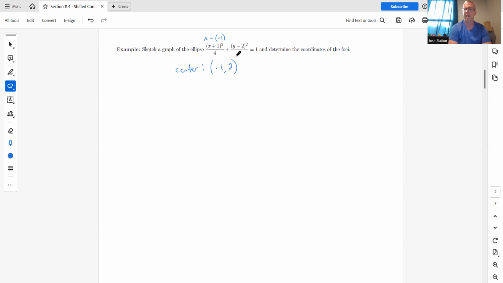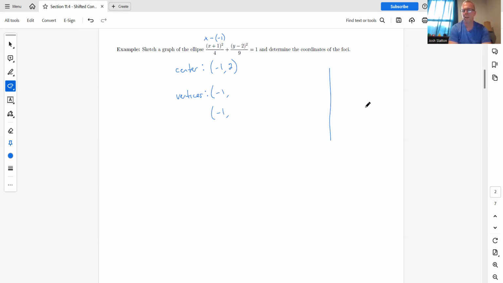This one's under the y, so we're going to be stretched vertically. And all that means is the x coordinate is not going to change as far as the vertices and the focus points go. So the vertices, the x part is going to be the same because we're stretching vertically.